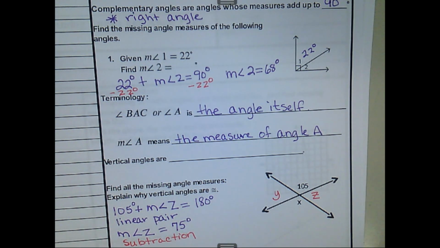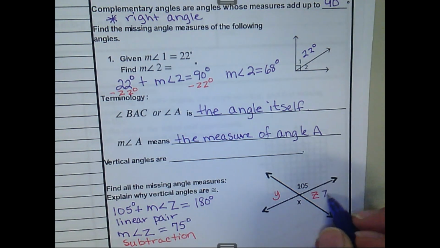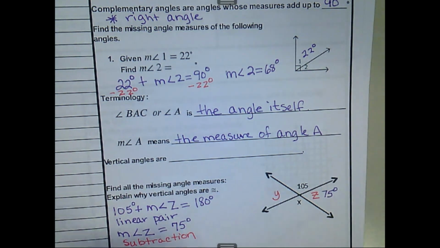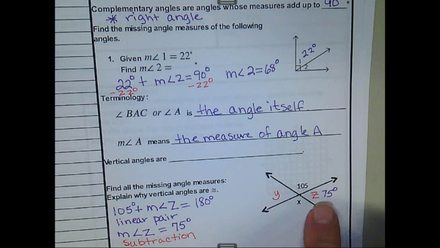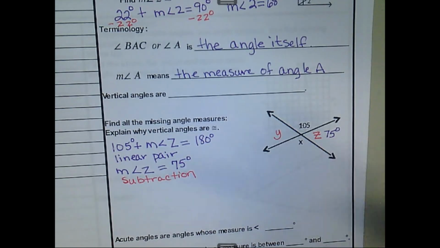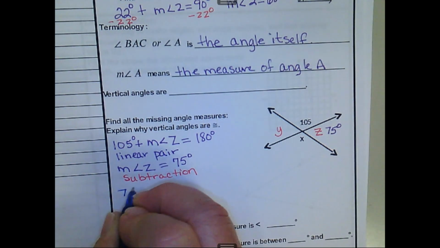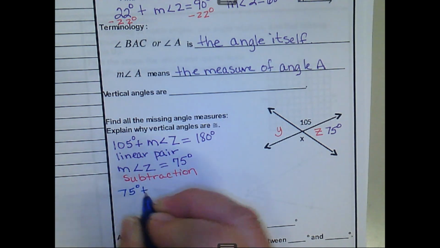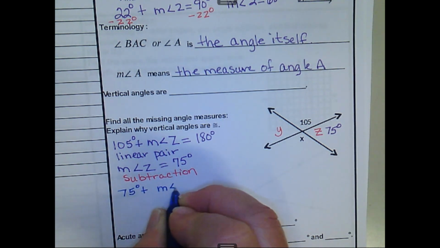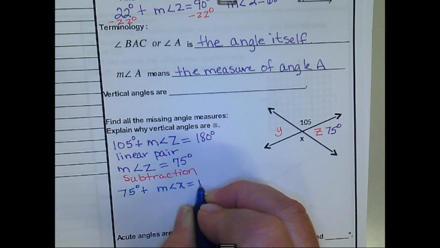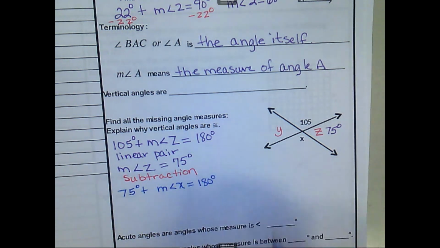Now, I know that this is 75, so I'm going to put 75 degrees here. Now, let's look at these two angles. They form a straight line. So I know that 75 degrees plus the measure of angle X is equal to 180 degrees.